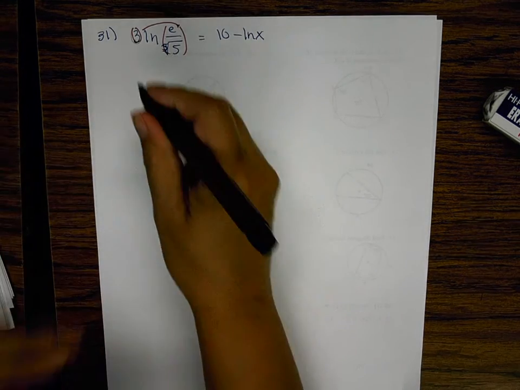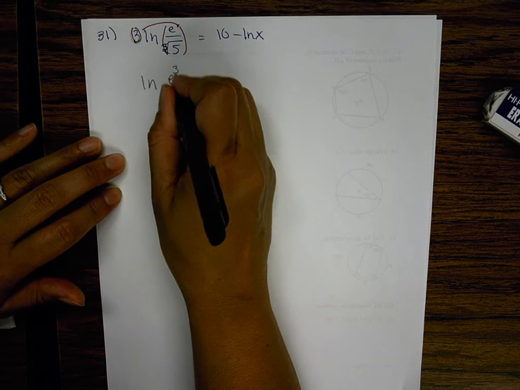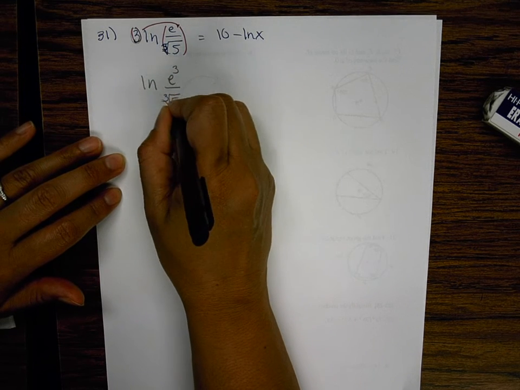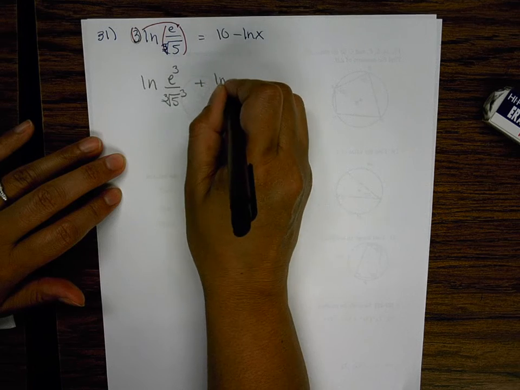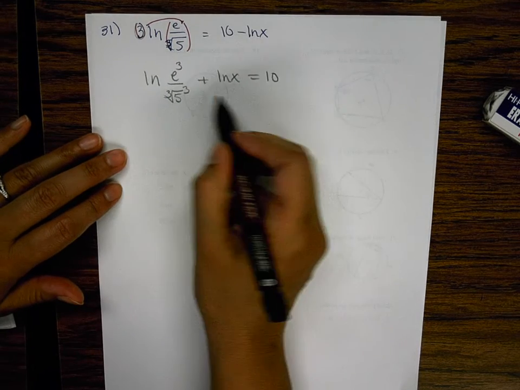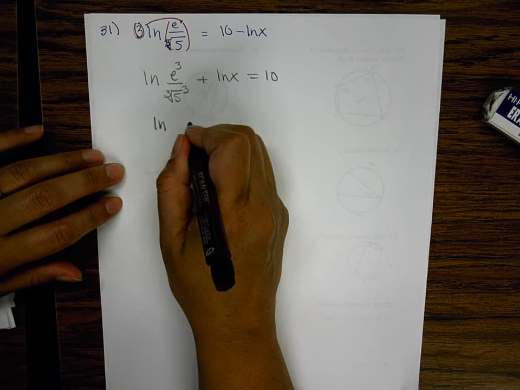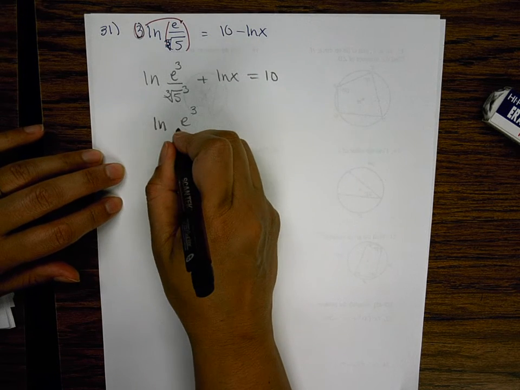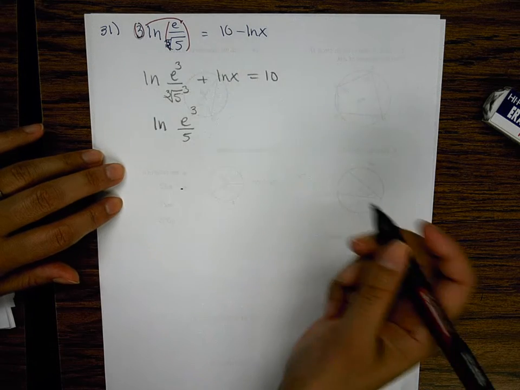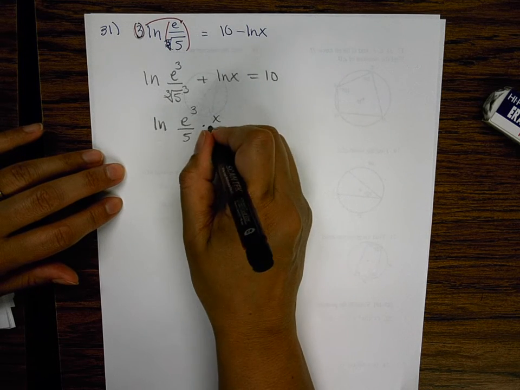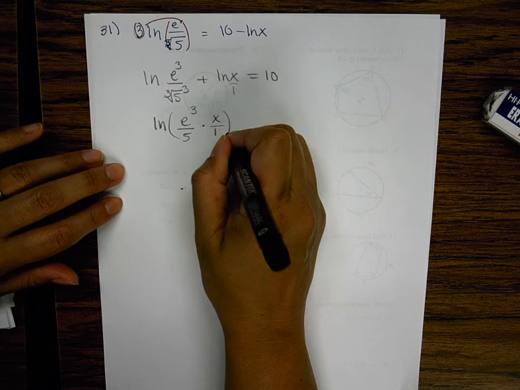So ln of e cubed over the cube root of 5 cubed plus ln of x equals 10. All right, I'm adding two logs with the same base. I'm going to condense it with the multiplication. ln of e cubed over 5, because inverse operations undo each other, times x over 1. You don't have to put over 1. I'm just making a point that it's there.